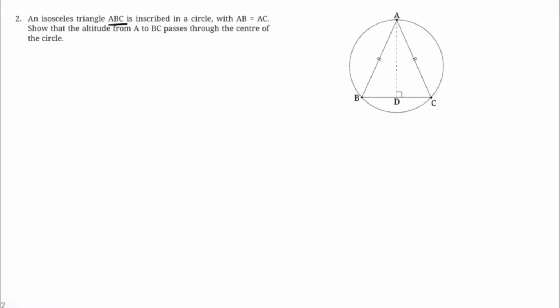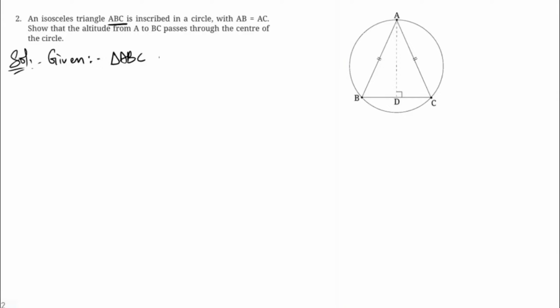First, I am going to write down what is given. They have given triangle ABC is inscribed in a circle and AB is equal to AC.